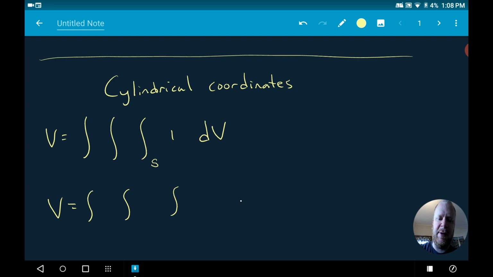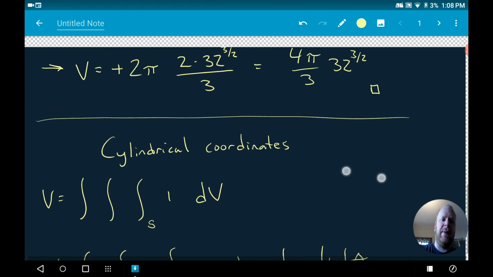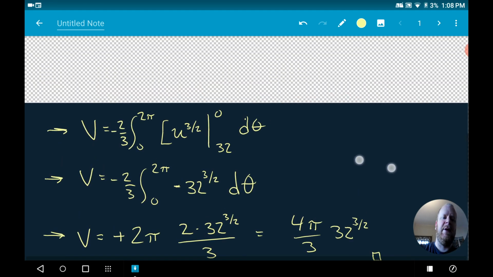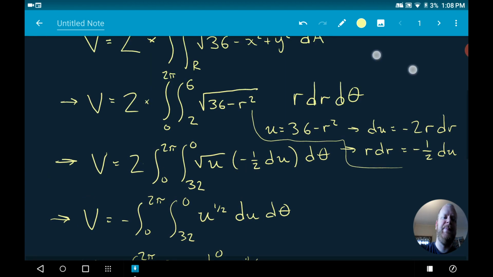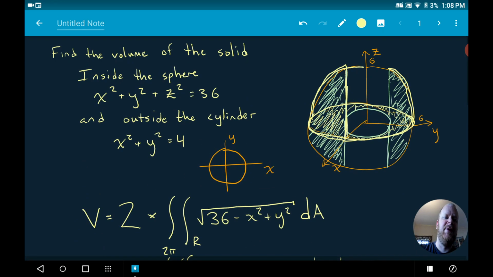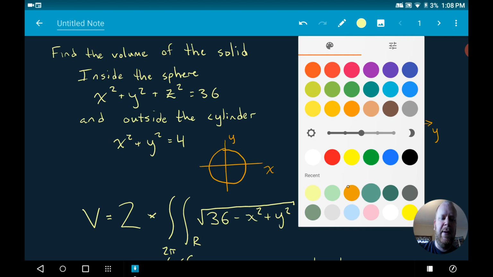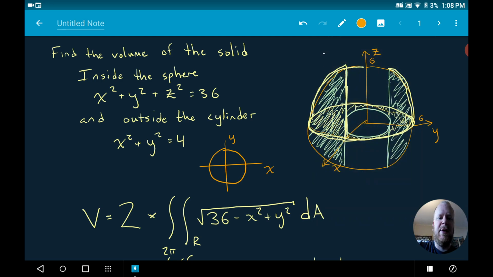So my solid, if I break this up into the components for cylindrical coordinates, looks like this. Okay, so z, if you want to picture this, and I'll talk about this in the next example as well, but for cylindrical coordinates, the first thing you're going to do is think about what your z surfaces are on the top and bottom of this solid.